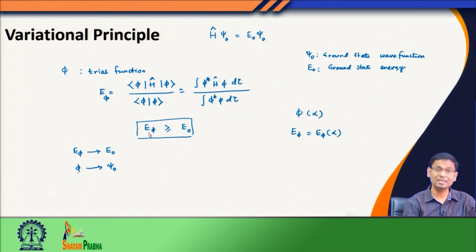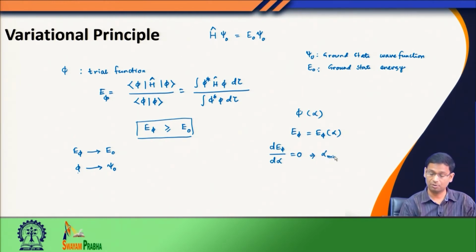Now, I know that E phi, the trial energy, is always going to be greater than E 0. So, if I minimize E phi with respect to alpha and solve this equation, I can find at what value of alpha this holds good, and I call that value of alpha the alpha minimum.